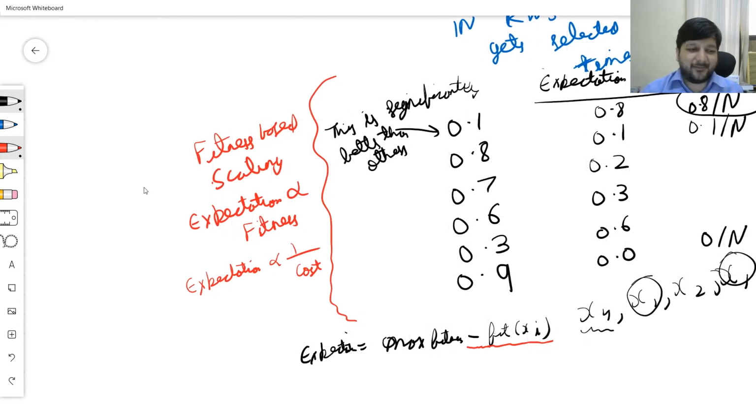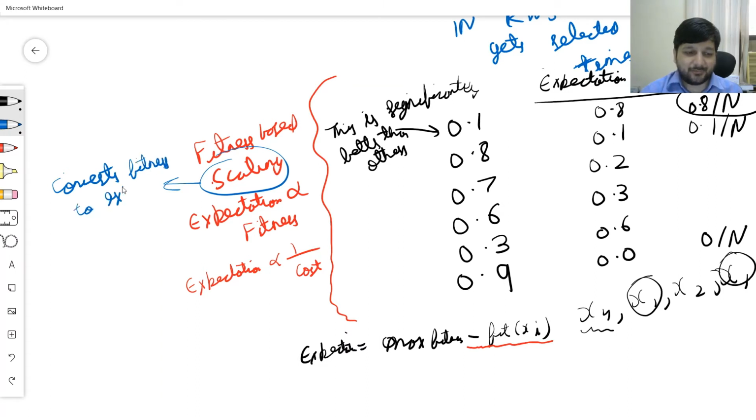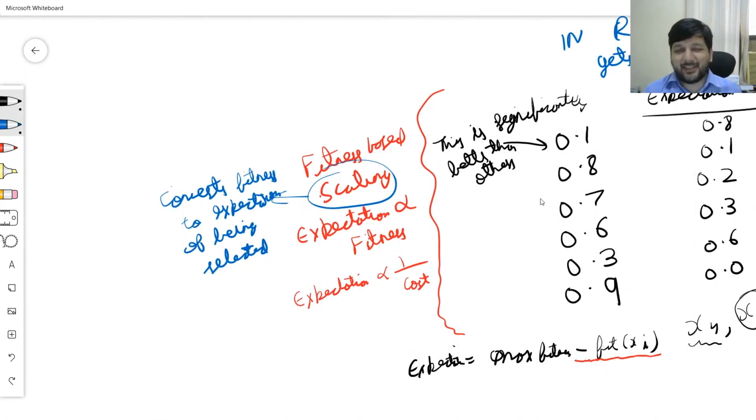There's a specific word scaling over here. So scaling is what converts fitness to expectation of being selected. Now this scaling is absolutely problematic because one individual steals the show, one individual gets selected.